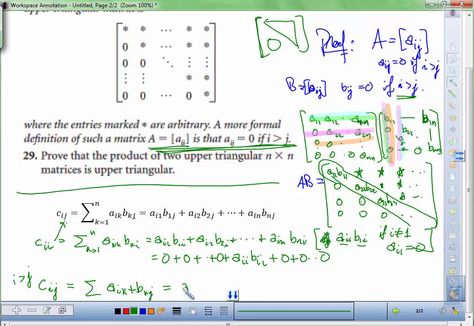So this would be a_i1 b_1j plus a_i2 b_2j plus dot dot dot plus a_in b_nj.